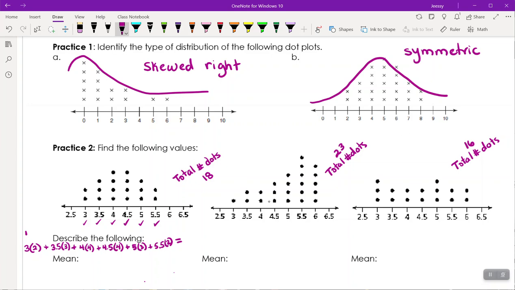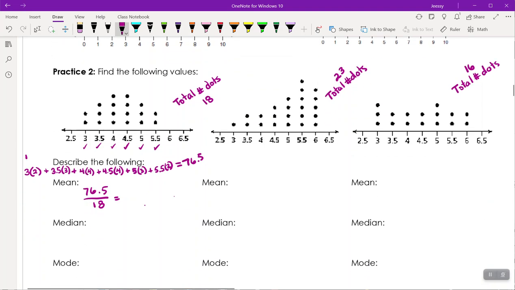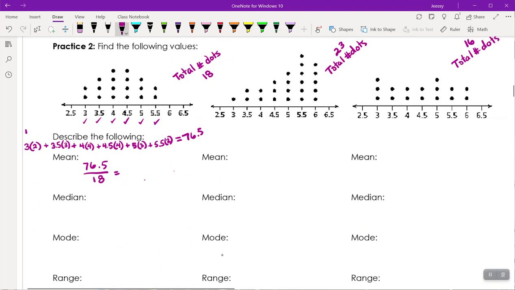Do I have a confirm on that as well? All right, 76.5. There you go. So your mean is going to be 76.5 divided by 18. How much? 4.25.